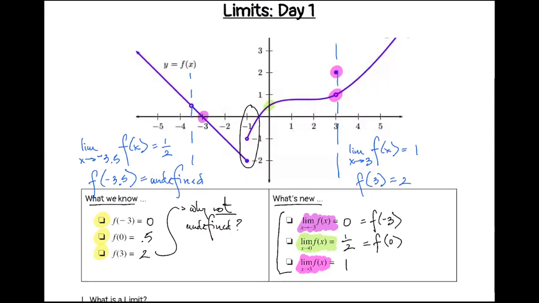Last question, that pink point, does the graph get to a y value at 1 at x equals 3? No. Okay, so we would say this is not equal to f of 3. Okay. And so that's planting some seeds for the second half of class when we talk about continuity.